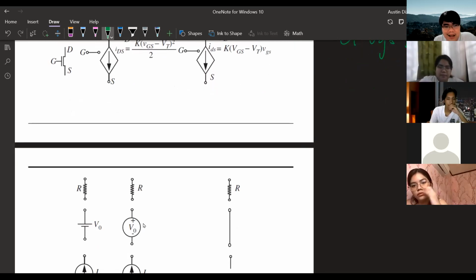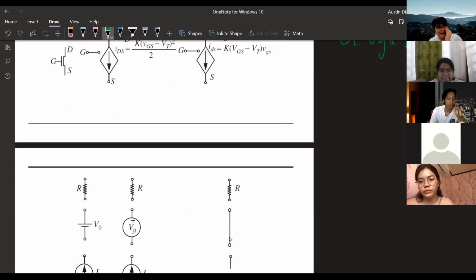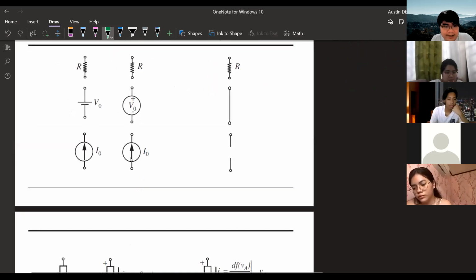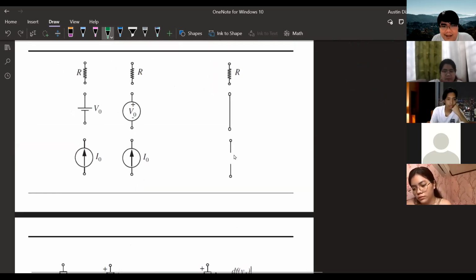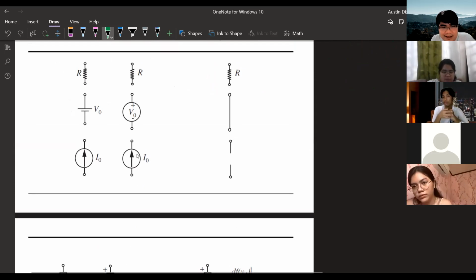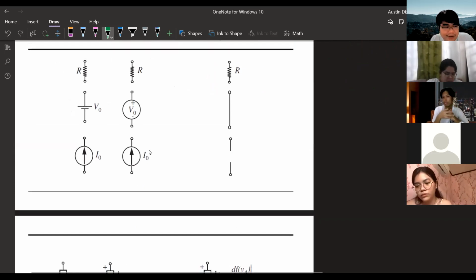Ang gagawin mo, pag tinitingnan mo na yung mga small signals, you can turn it off or make it a short circuit. Okay. And then for the current source, as expected, magiging open circuit siya. So DC to, DC na current source ito.